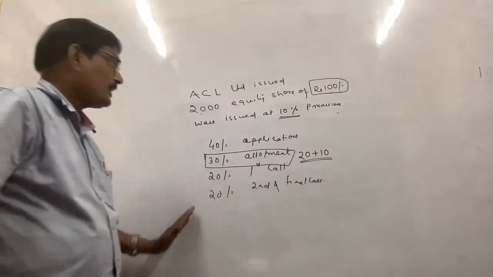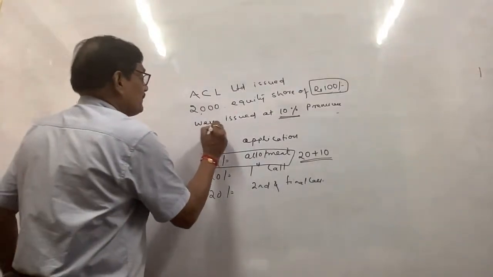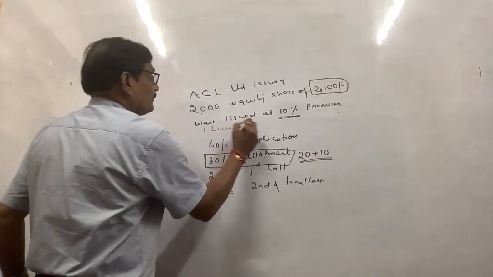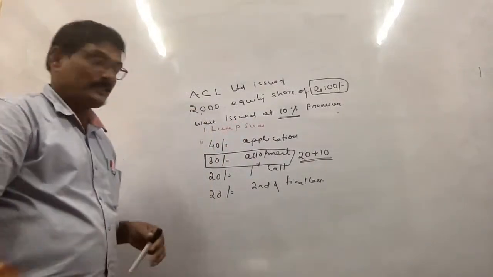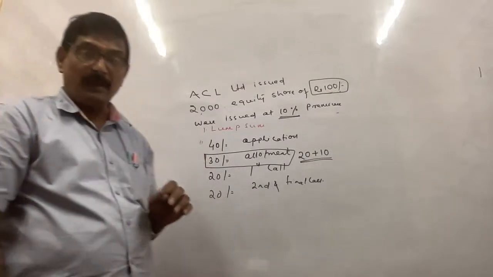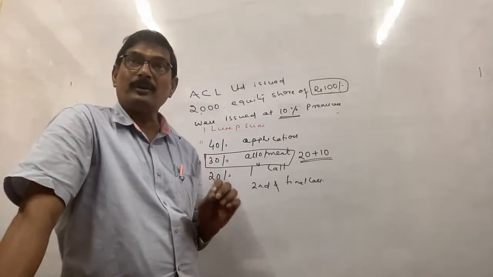payable as this one, but the first case is that it is issued in lump sum. When the shares are issued in lump sum, the entry will be for application money received. Write down the entry if not written.